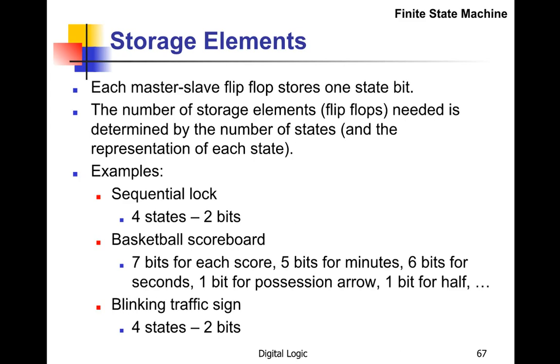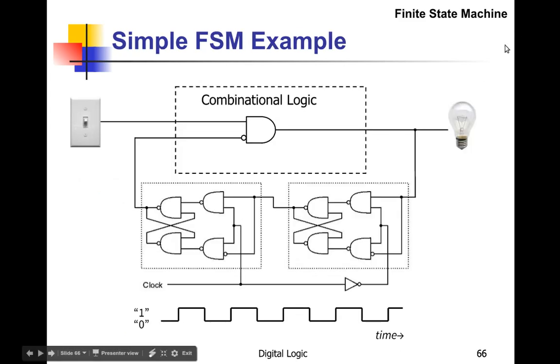So let's think about this. Storage elements. Each master-slave flip-flop essentially stores 1 bit, or 1 state bit. It keeps it. There were 2 states in that last example, on and off. If you noticed, the light went on, the light went off.